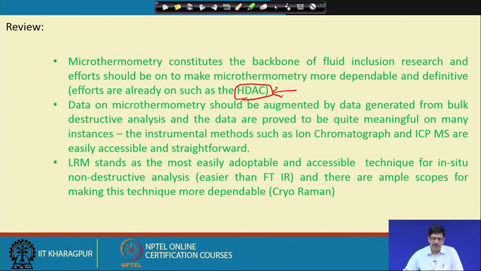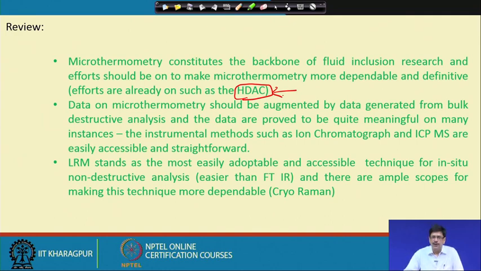But then microthermometric data should be augmented by data generated from bulk destructive analysis, like what we have given in the situation in a very simple analytical method like ion chromatography, where the instrumentation is simple, and the working principle and the handling of the equipment will always make it a choice technique for any fluid inclusionist.